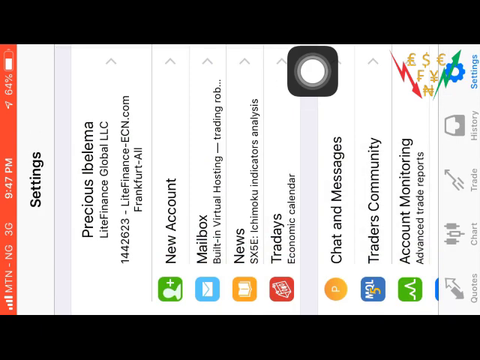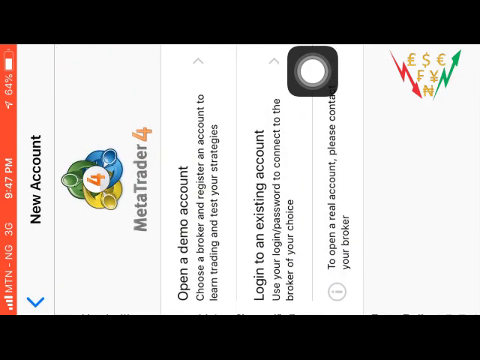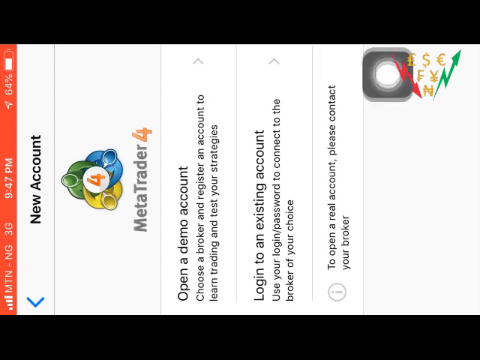But right here we already have a funded account. Should you want to add another account to your trading, I have about 2 accounts here, including a demo account as well. One account is a live account too, and this is another account, and right here this is a demo account. You can see they are all my personal accounts.